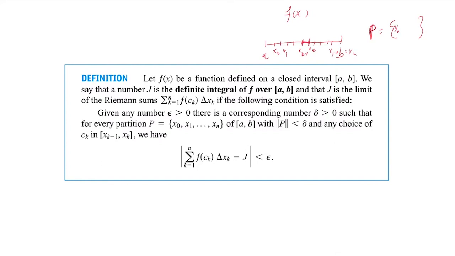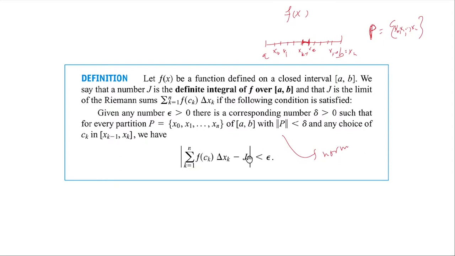So this is a partition of this interval a to b. No matter which partition you pick, if the norm of this partition, meaning the length of the largest subinterval, is less than delta, in that case the Riemann sum is equal to that definite integral.